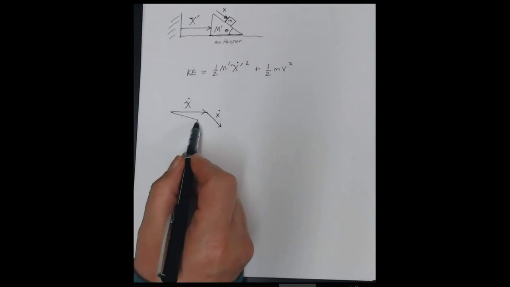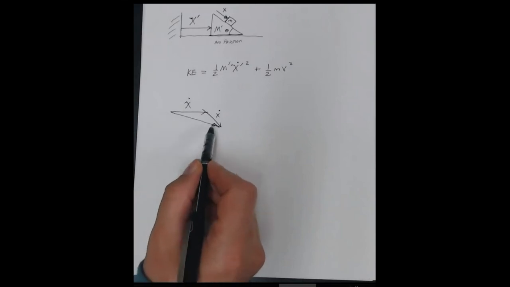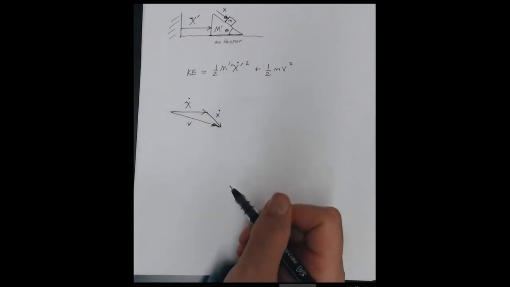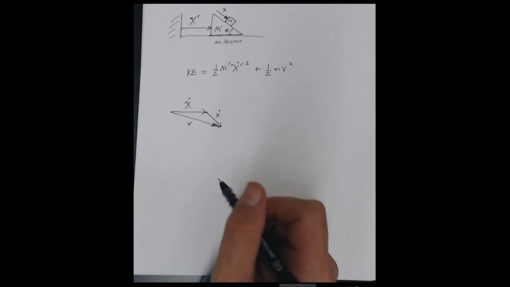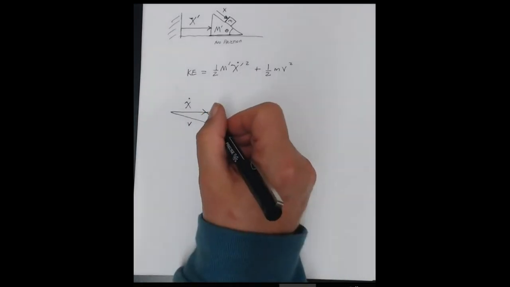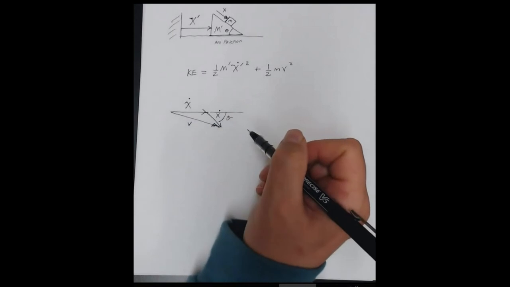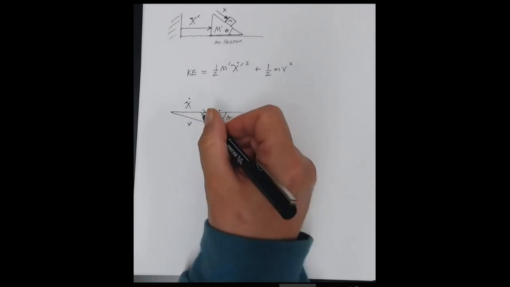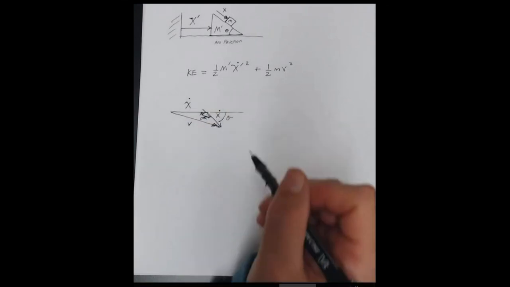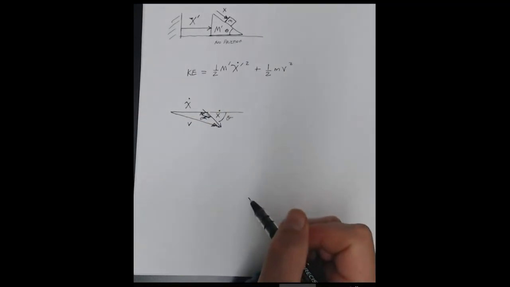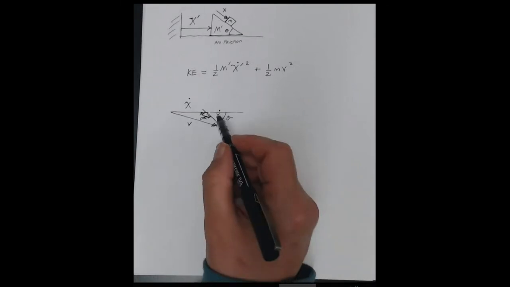So this resultant vector is v, and this angle is theta. I need this angle here, I'm going to call it alpha, because then I'll use the law of cosines. What is alpha? Well, alpha is 180 minus theta.